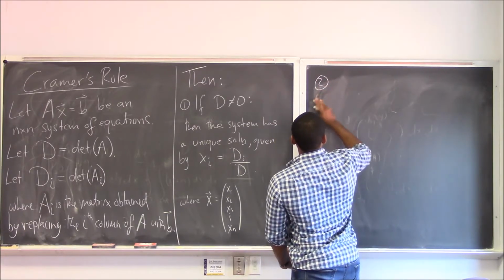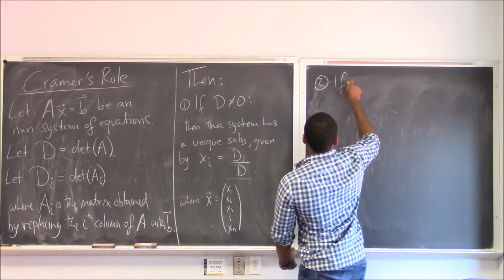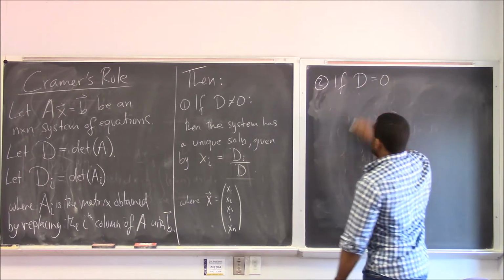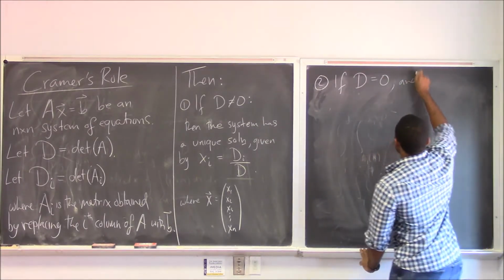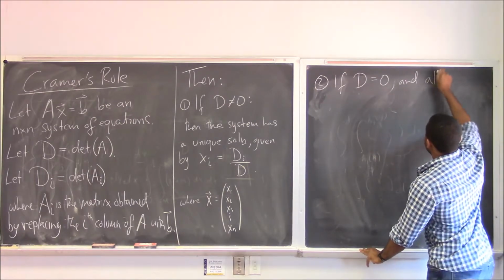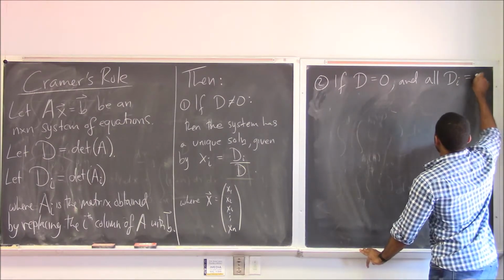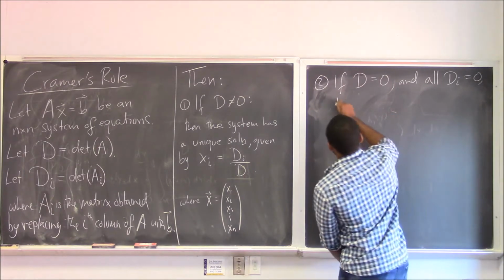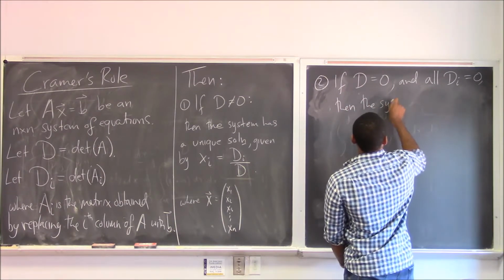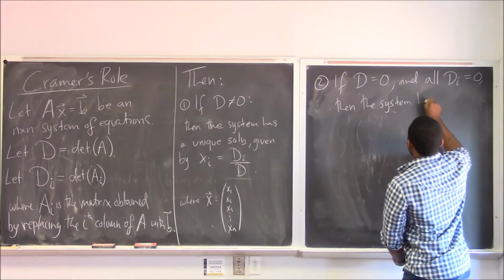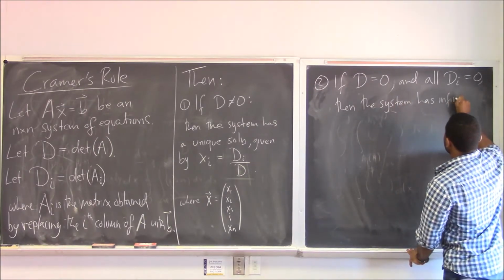Second case is, if D equals 0 and all the Di are also 0, then the system has infinitely many solutions.